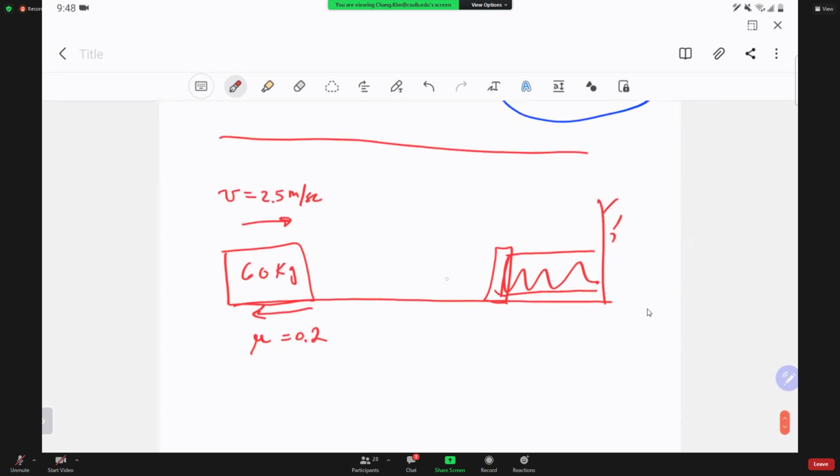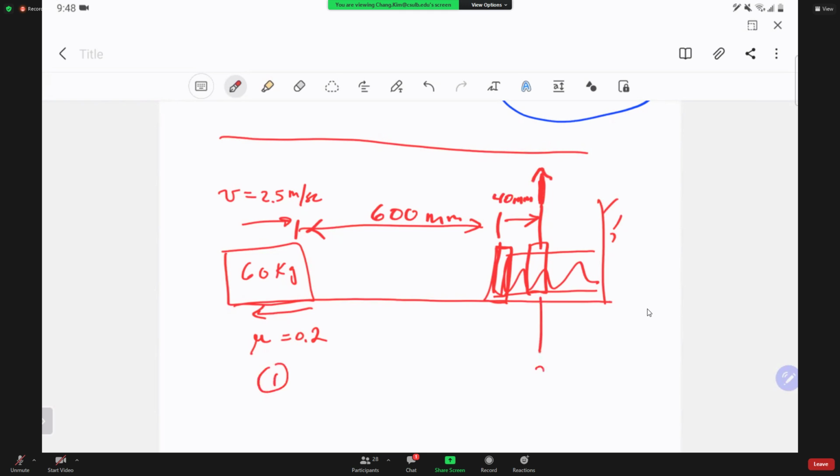This guy will hit the plate and push it. The initial distance from here to here is 600 millimeters, and once it hits, it finally stops at this location by compressing the spring 40 millimeters more. So this is position 1, and this is position 2. We know the velocity is 0.